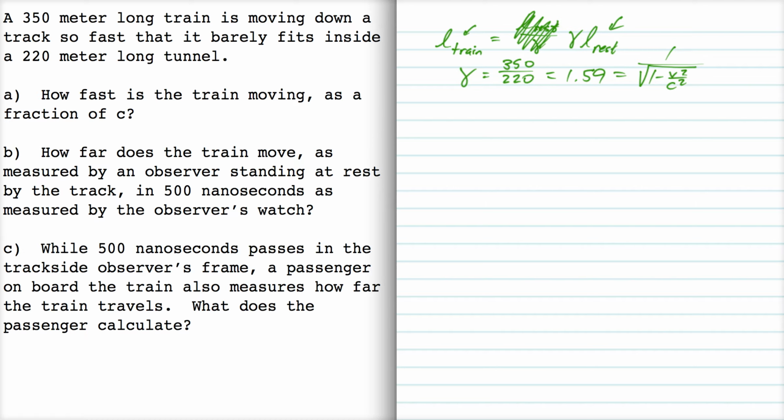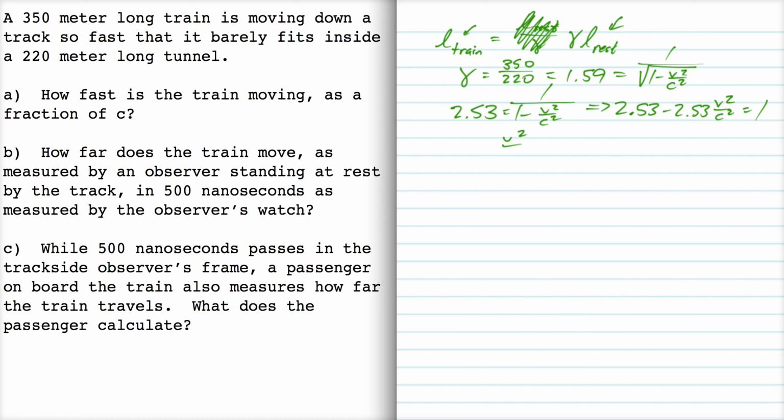Now I've got to extract v from this. So I'm going to square both sides. So 2.53 is 1 over 1 minus v squared over c squared. And then that becomes 2.53 minus 2.53 v squared over c squared equals 1.